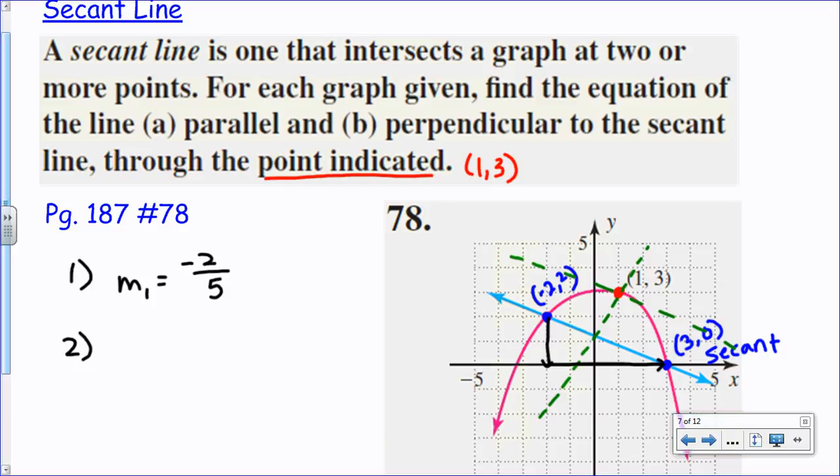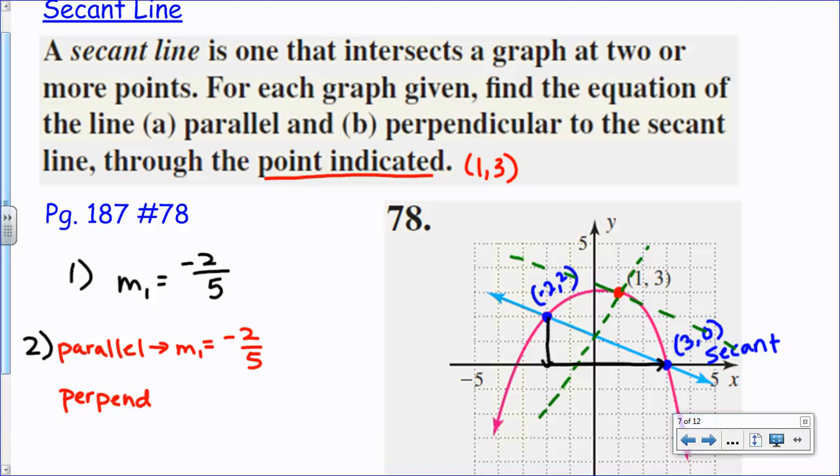So first of all, I need parallel. If I want the slope that would give me a parallel line, I would use -2/5. Same slope.